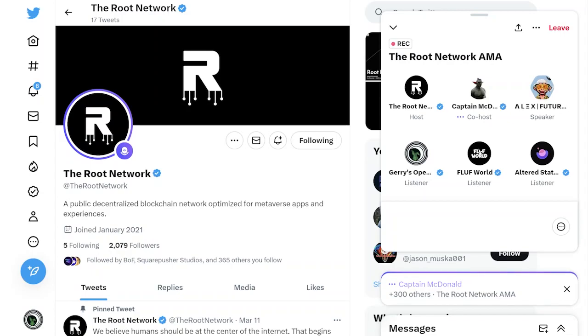We're actually going to be making quite a big change to the utility for the Silo token as part of the rollout of some of our features on Root Network, which will increase the scope of things that are covered by Silo in terms of use cases. And so that was something we're looking forward to speaking more about.